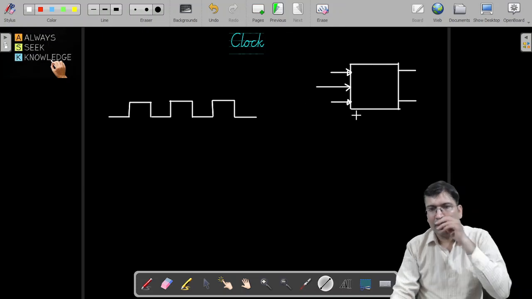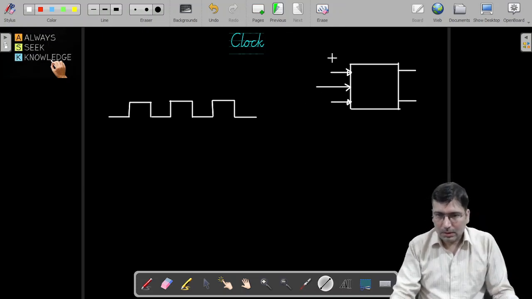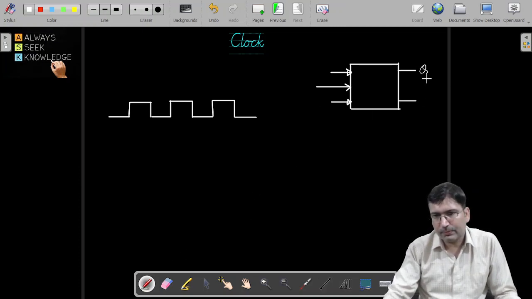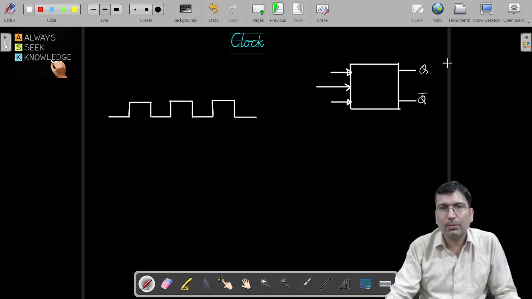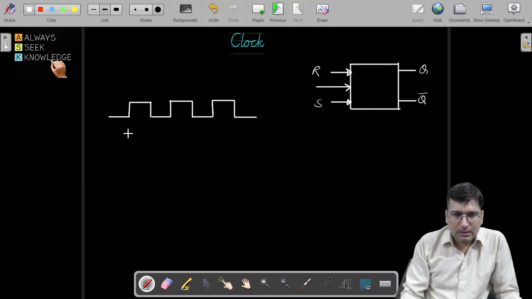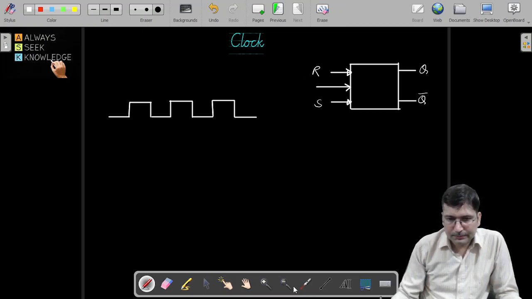So this clock regulates the behavior of this flip-flop. Unintentionally, the generated output should not be modified. So let's say this is R and this is S.